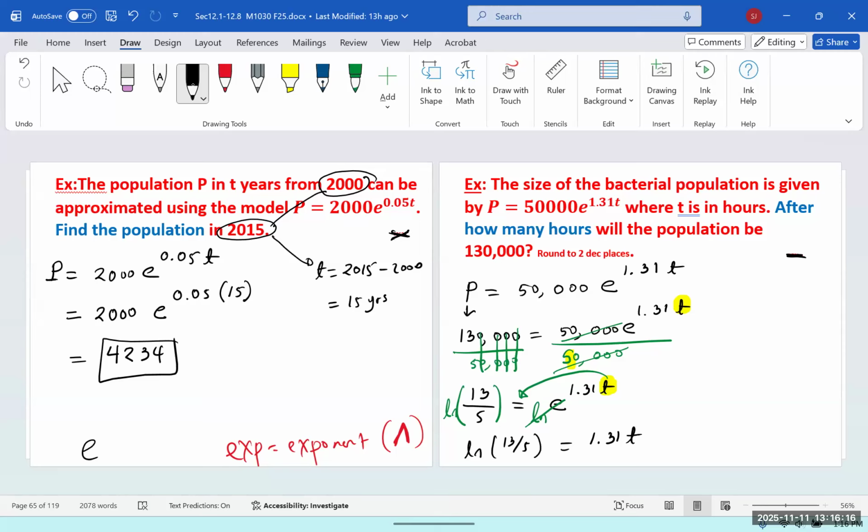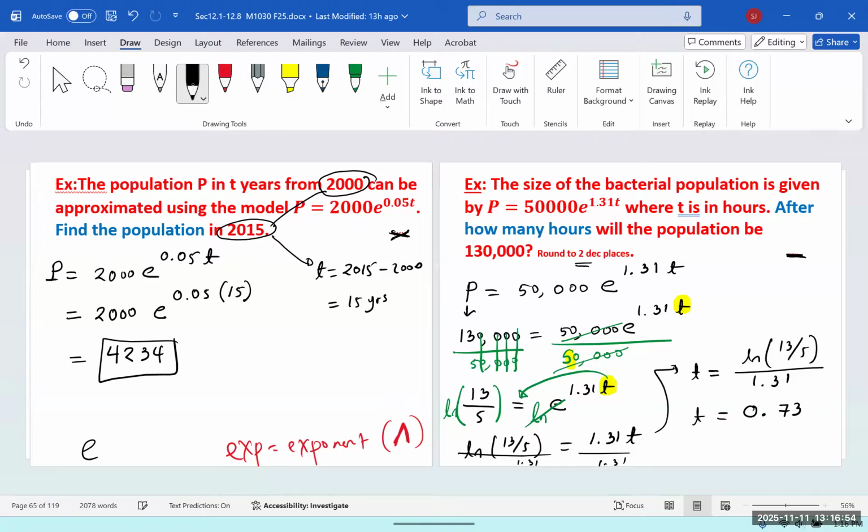1.31t. So you divide both sides by 1.31, so ln of 13/5 divided by 1.31. You go to the calculator and find out how much this is. 0.73.